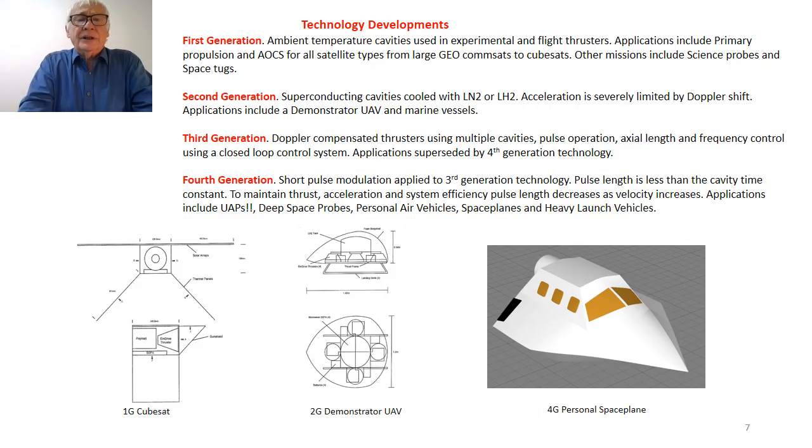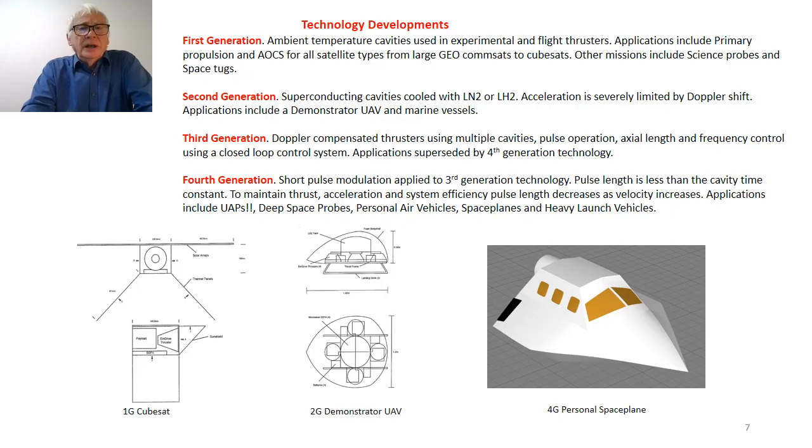So our first generation technology, ambient temperature cavities, we use them in experimental and flight thrusters. There's still wide applications for first generation, including primary propulsion and attitude and orbit control systems for satellite types, from the large geostationary communication satellites down to the CubeSats.